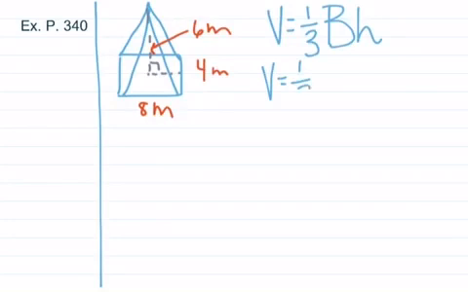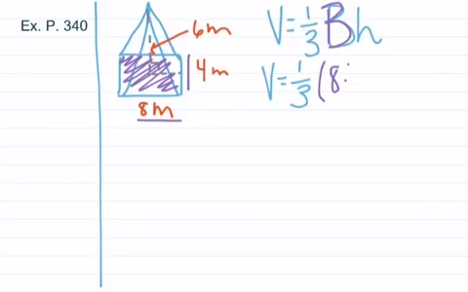Volume equals 1/3, because it's a pyramid, times area of the base. I'm going to do my area of the base in purple. In this case, my base is a rectangle. So I'm going to multiply 8 times 4, times the height of the pyramid.